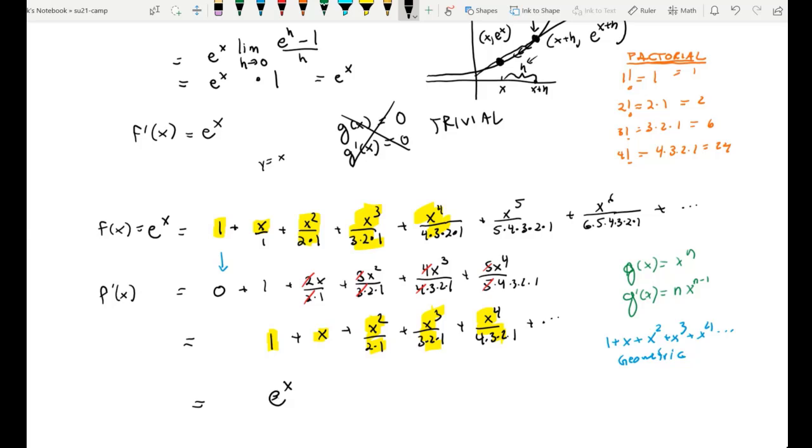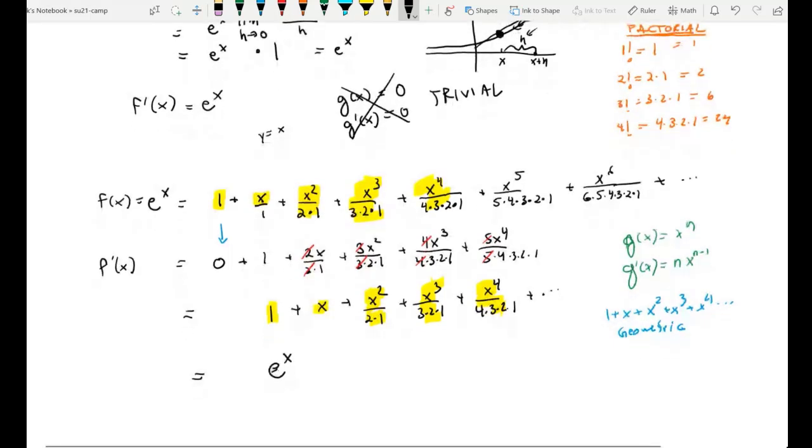Great. So I think that gives you the flavor of how we define a derivative using a limit. And once we derive formulas, we just use those when differentiating in practice. And of course, the derivative of e to the x is e to the x.